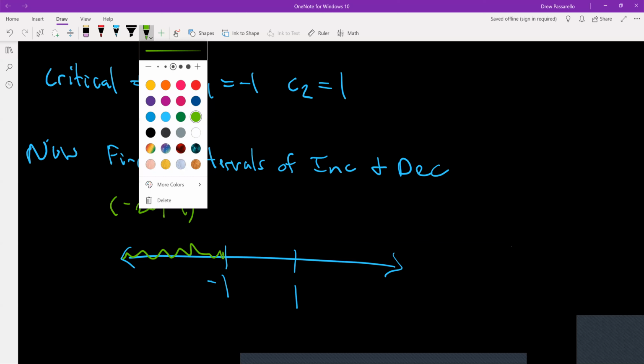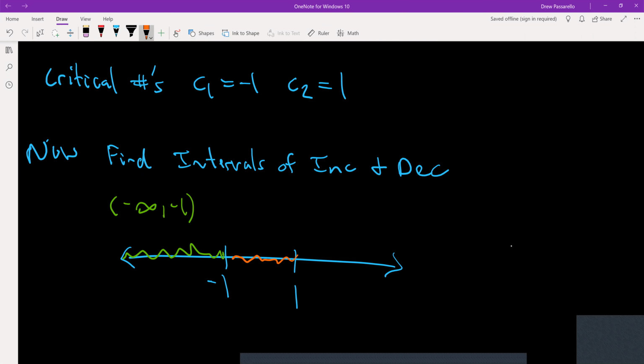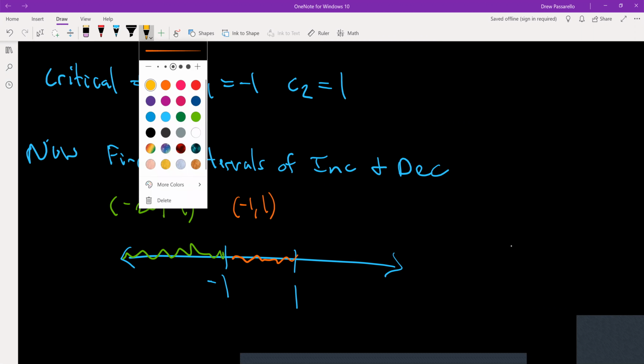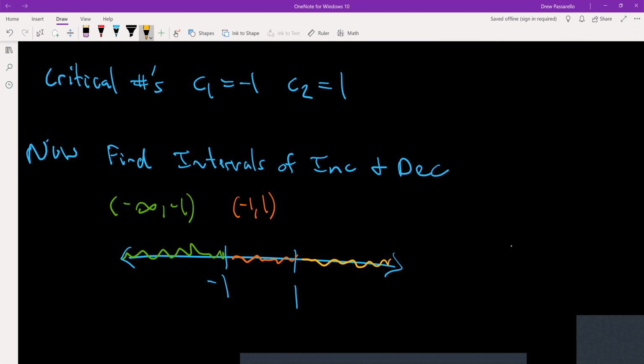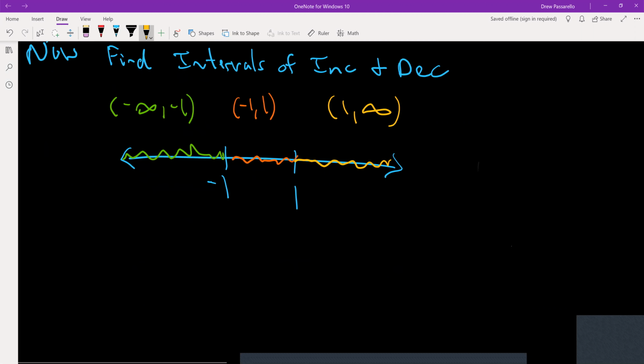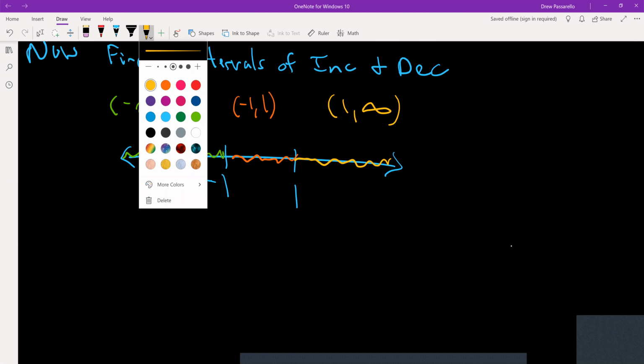You have everything that's in between negative 1 and 1. All right, so that's negative 1 and 1. And then everything that's to the right of 1. So that's 1 to positive infinity. If I have 3 intervals, I need to find if they're increasing or decreasing.